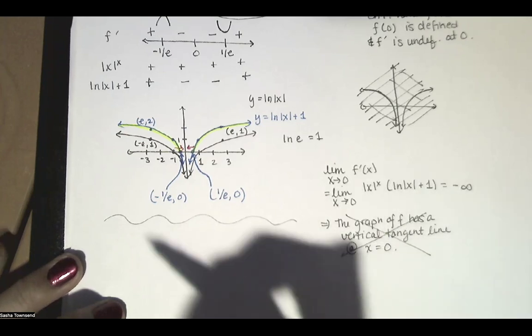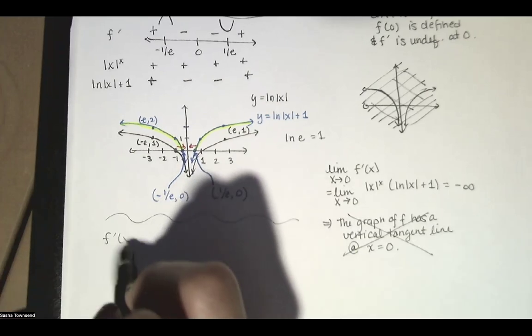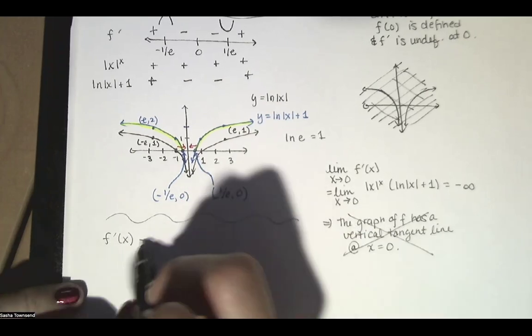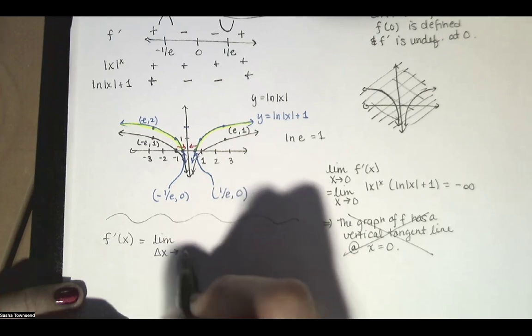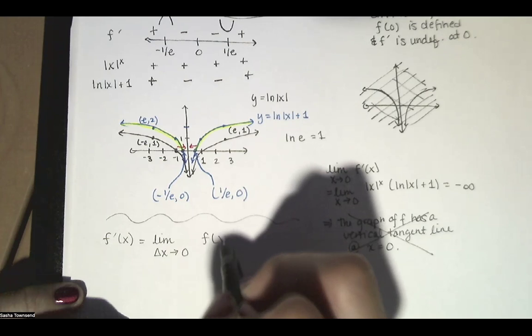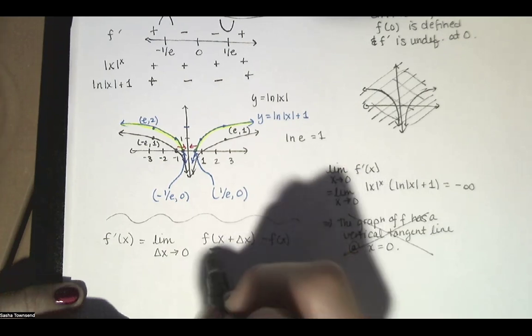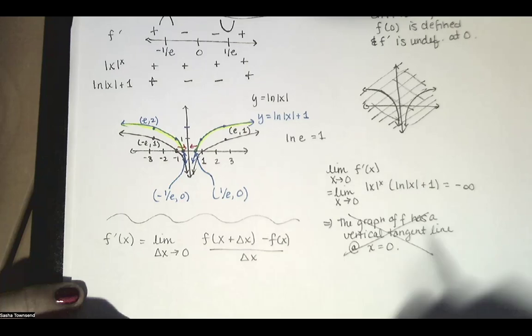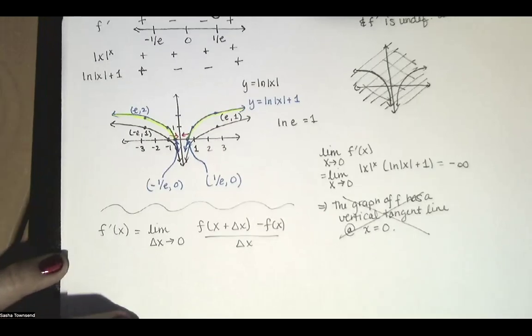So I want to check my own logic and make sure we actually look at the limit definition of f prime. So the limit definition of f prime is, let's take the limit as delta x approaches 0 of f of x plus delta x minus f of x divided by delta x. And actually, we're interested in f prime at 0, right?